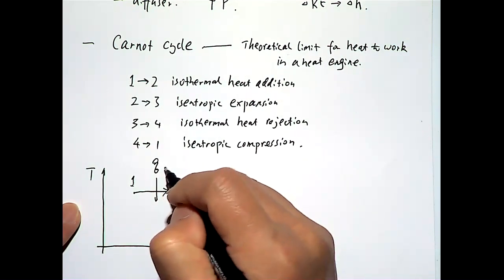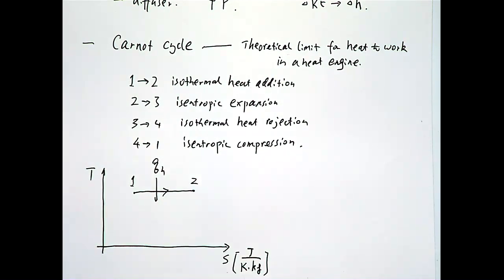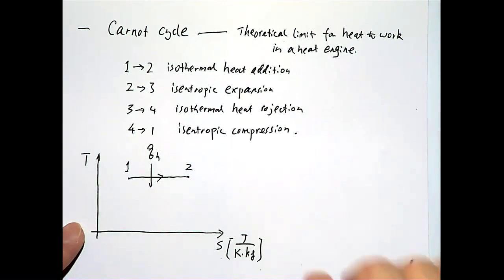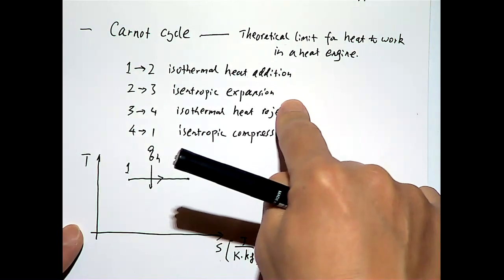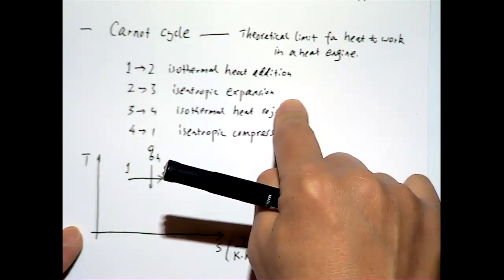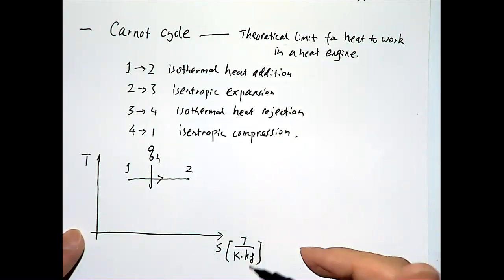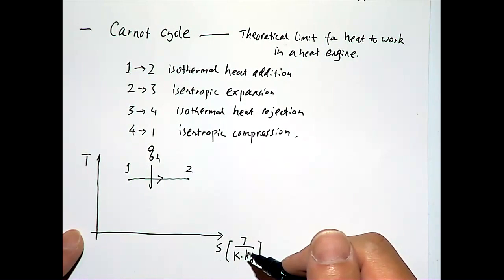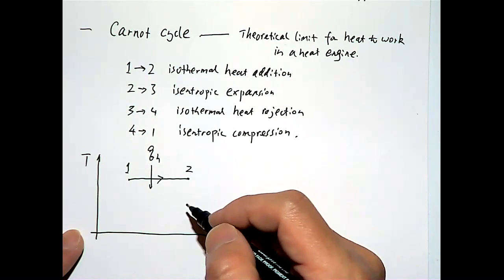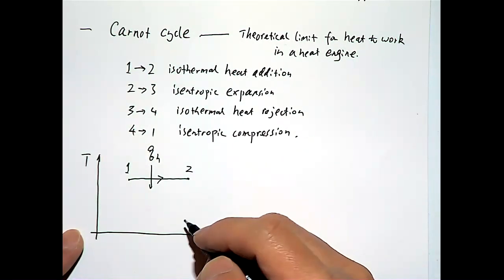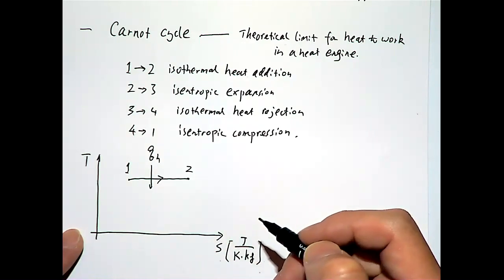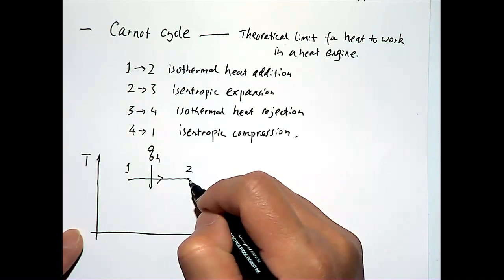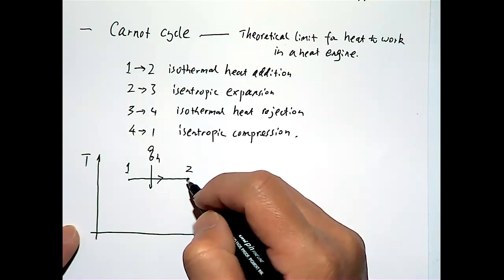So you have the heat transferred from the high temperature reservoir to your system, right? And then it's an isentropic expansion. So if I want to go to state 3, how should I go? Going down for sure, and going down along a vertical line, right?